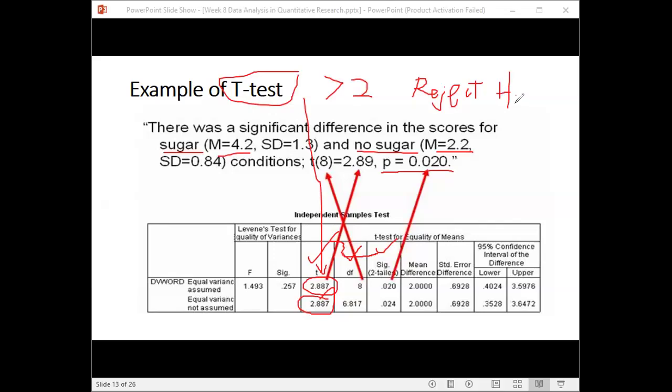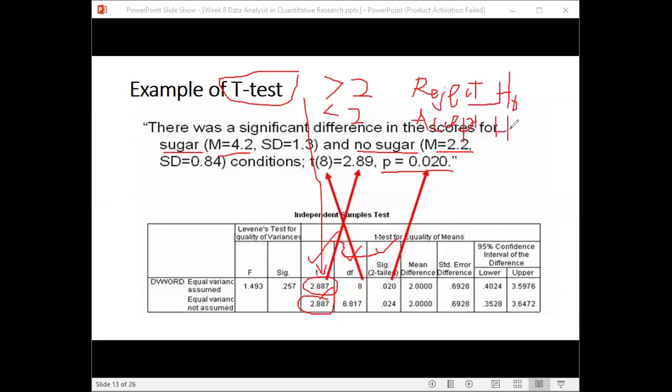Right? The null hypothesis is called H0. Reject the null hypothesis. If the T statistic is less than 2, then we do the opposite. We accept the hypothesis H0. That's the null hypothesis.